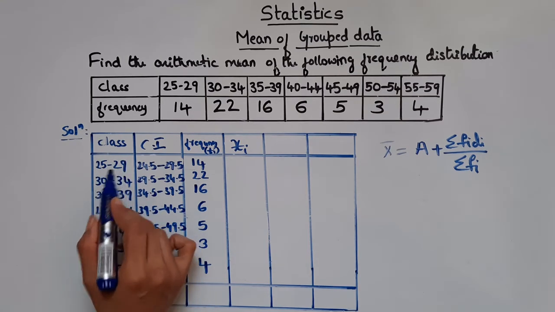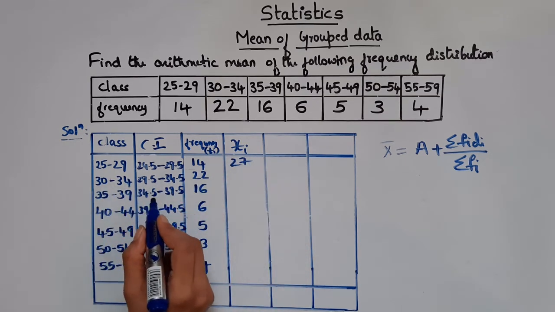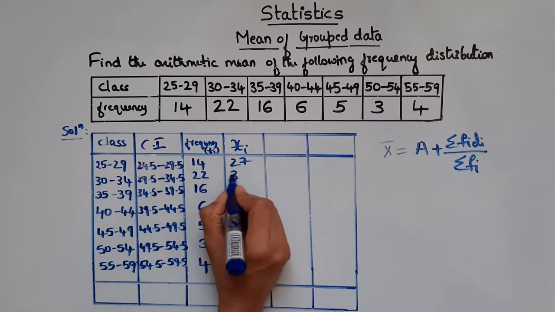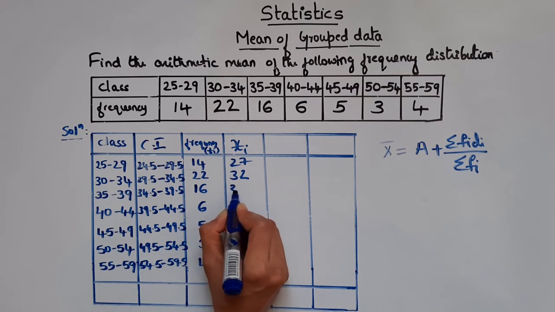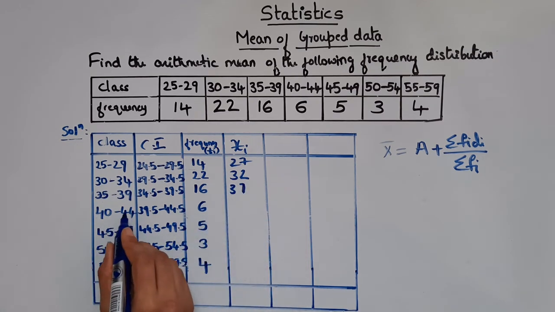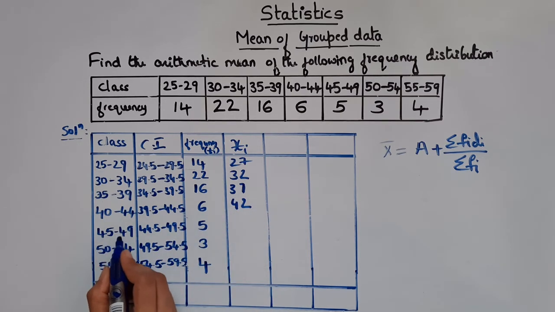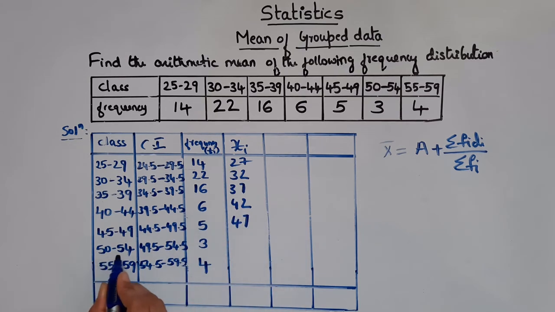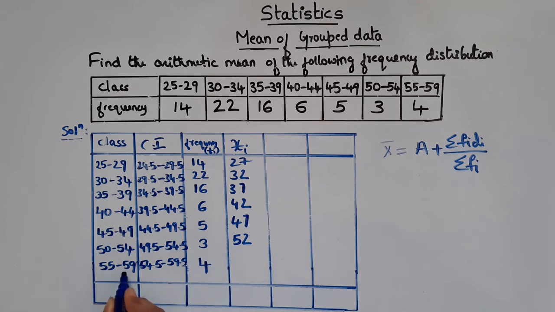You can also take this class mark, this will also give the same answer. So 25 plus 29 by 2 will give you 27. You can use any of these class marks, so this will be easier, right? So 30 plus 34 by 2 will give you 32. 35 plus 39 by 2 will give you 37. 40 plus 44 by 2 will give you 42. 45 plus 49 by 2 will give you 47. 50 plus 54 by 2 will give you 52. 55 plus 59 by 2 will give you 57.